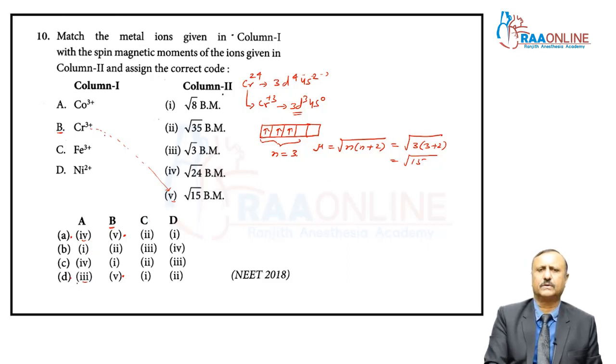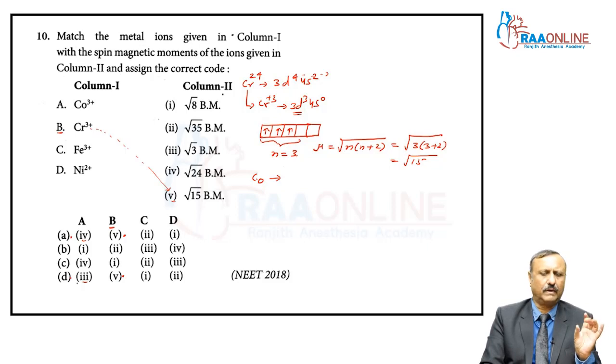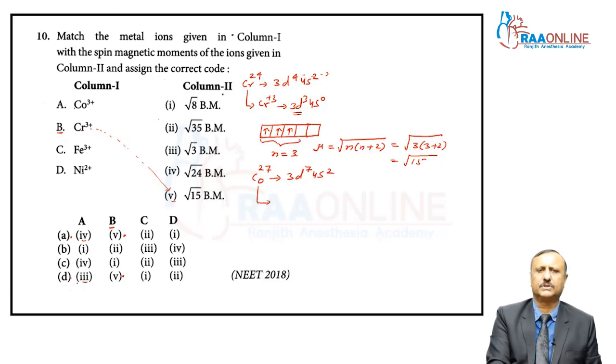We go to option A, cobalt. First of all, write the electronic configuration of cobalt. Cobalt has atomic number 27, and this is 3d7 4s2. Now cobalt is present in the +3 oxidation state, so 3 electrons are removed, 2 from s orbitals and 1 from d orbitals.